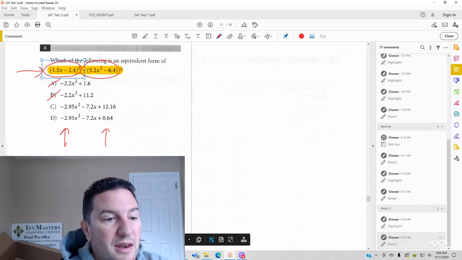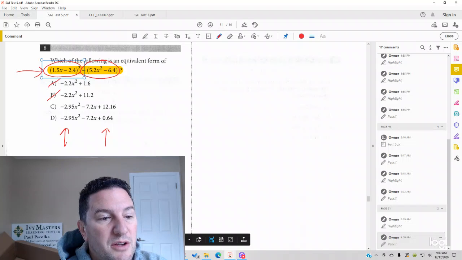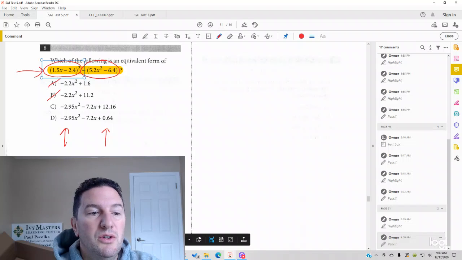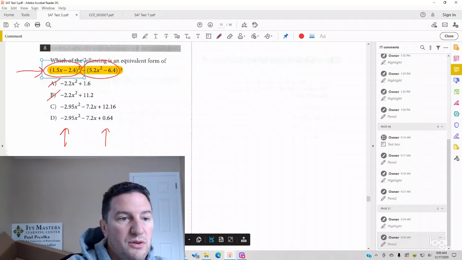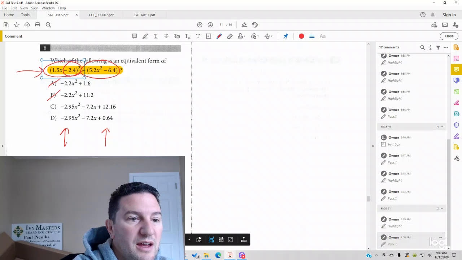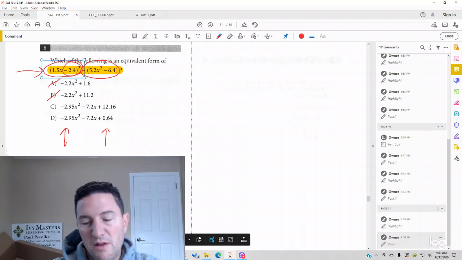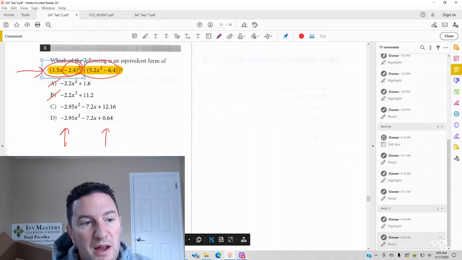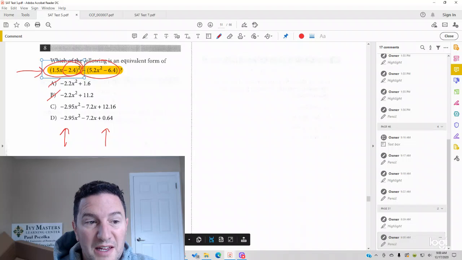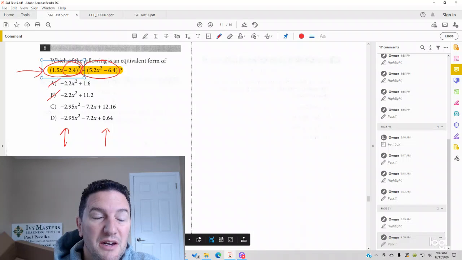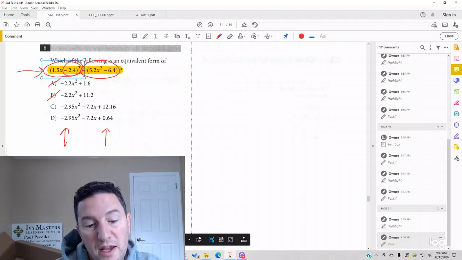So we know that the first term is going to be negative 2.95, so we don't even have to work on that first term. All we have to do is work on this last term. And even though you are FOILing, keep in mind that your last term is literally going to be negative 2.4 squared, but we know it's going to be a positive.